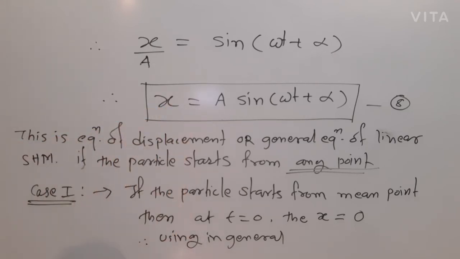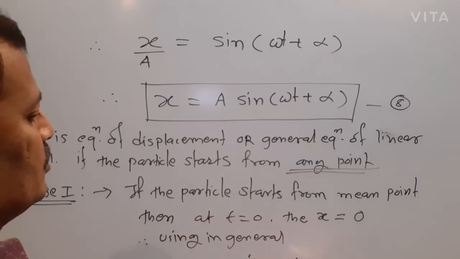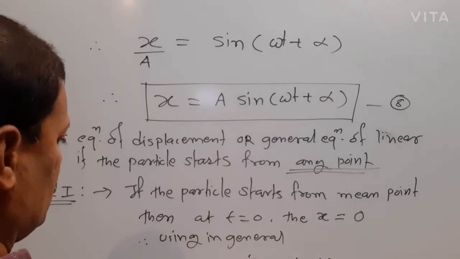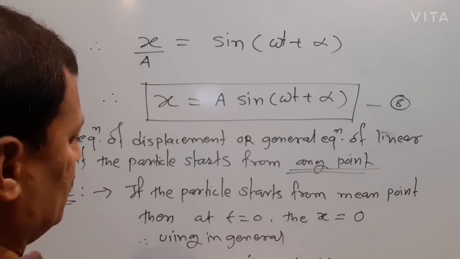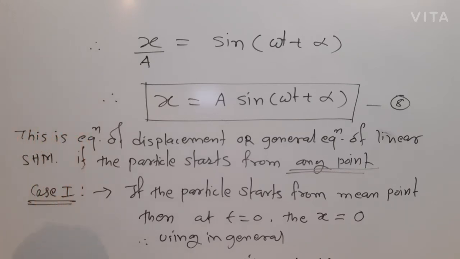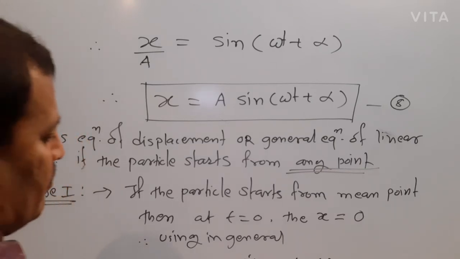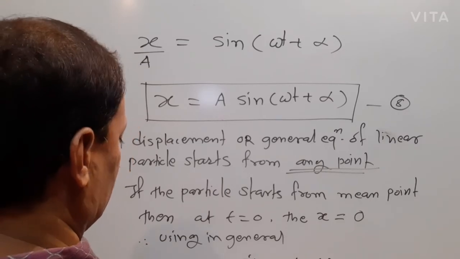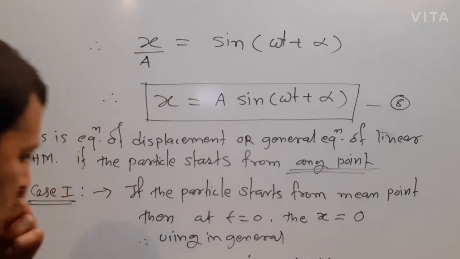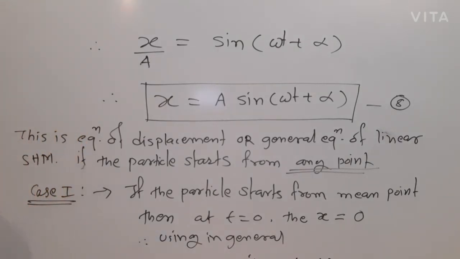0 is equal to A into sine of 0 plus alpha, and therefore sine of alpha is equal to 0, and therefore alpha is equal to 0 or pi. Sine 0 is 0, therefore alpha must be equal to 0.